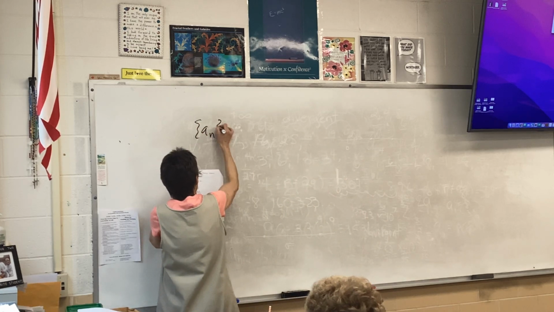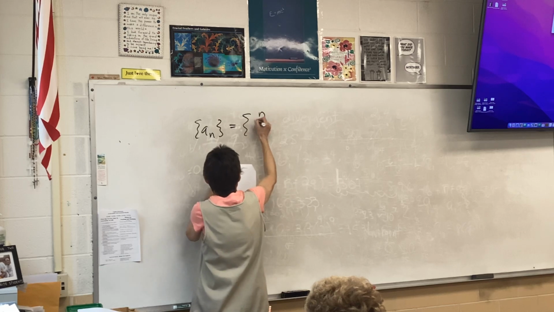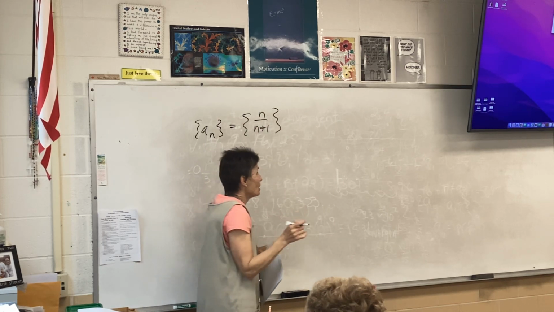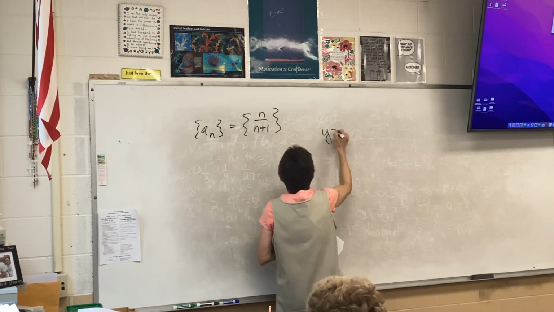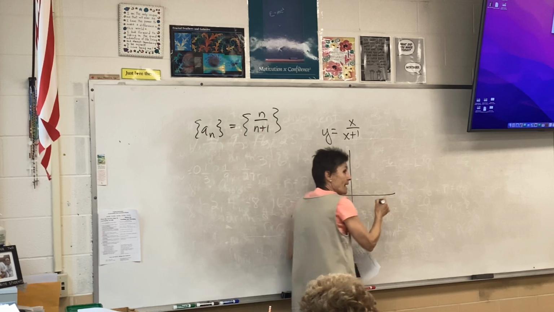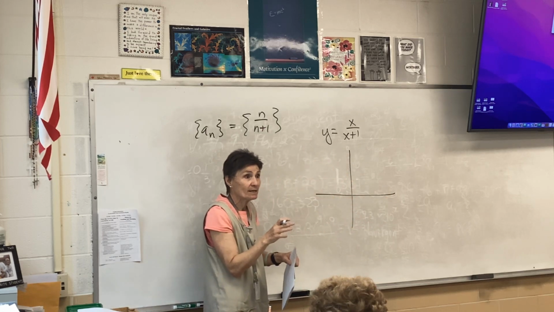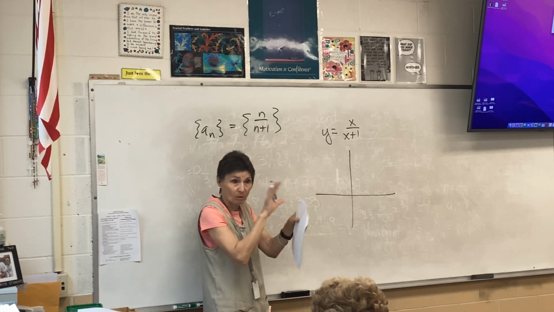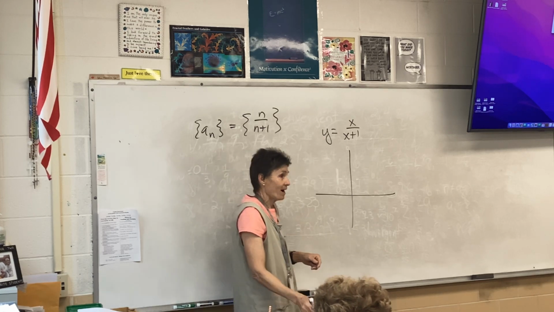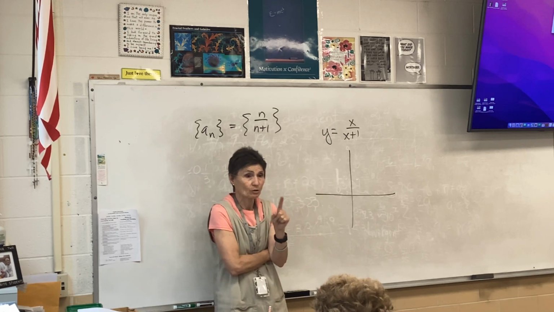Now here's what the problem looks like on the paper. But I want you to think back to chapter 2 when we were graphing things like this. And we put asymptotes in and holes and intercepts. Remember all that conversation? How did we find the horizontal asymptote?